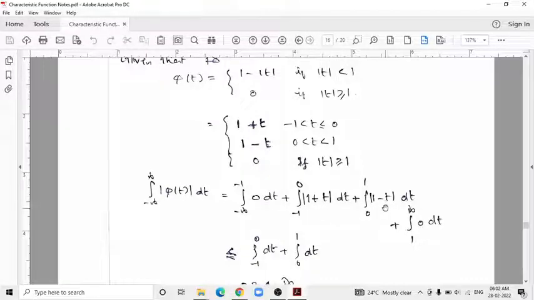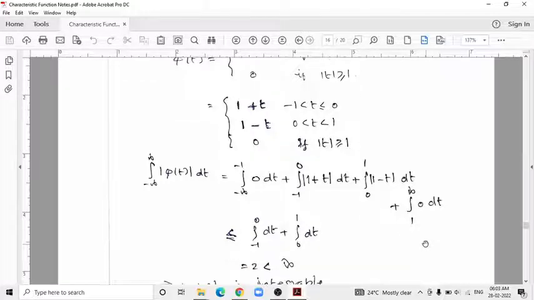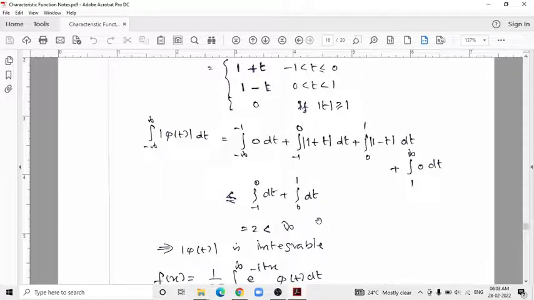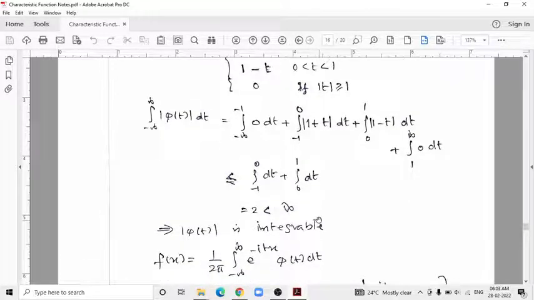And likewise, the next, 0 to 1, is modulus 1 minus t. And the last section is 1 to infinity, and over that interval phi t is 0. In short, the remaining two intervals are minus 1 to 0 and 0 to 1, and both integrals have values 1/2, so the sum is 1, and it is finite. Which means that modulus phi t is absolutely integrable.